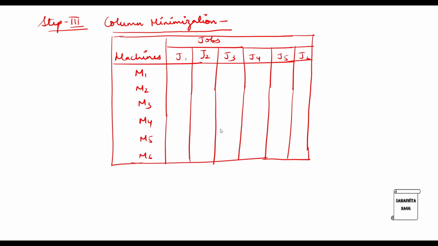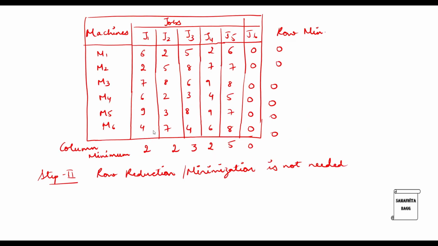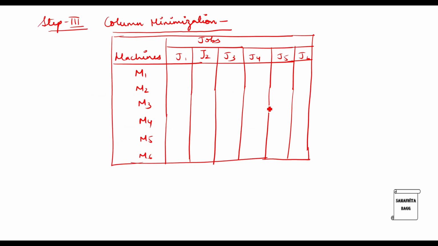So we are going to now subtract from here the value of 2 from each of them. So this will be 4, this is 0, this is 5, 4, 7, 2. Here this will be 0, 3, 6, 0, 1, 5.